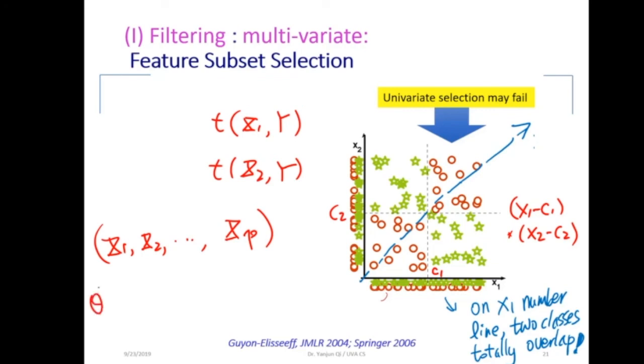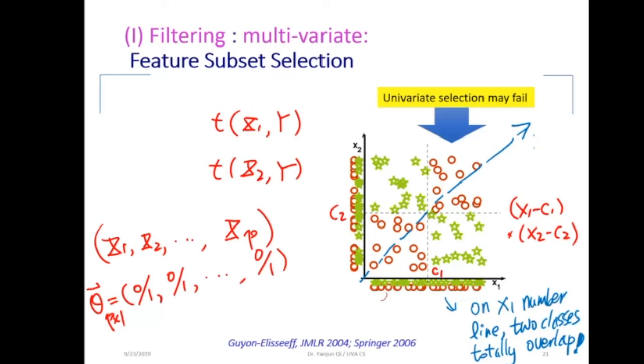It's a theta vector. If it's selected, it's 1. If it's not selected, it's 0. And this is a p-dimensional vector. So in the end, subset selection is a task of looking for a theta binary vector, indicating how you select.